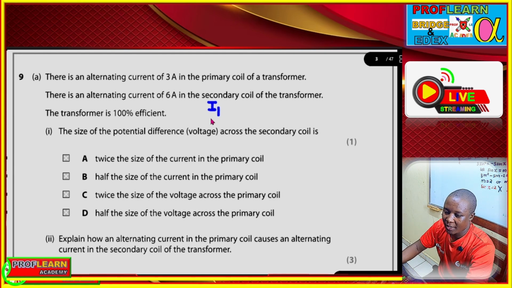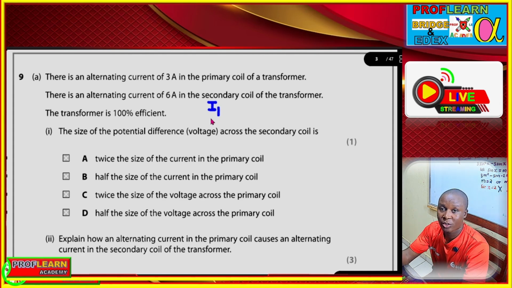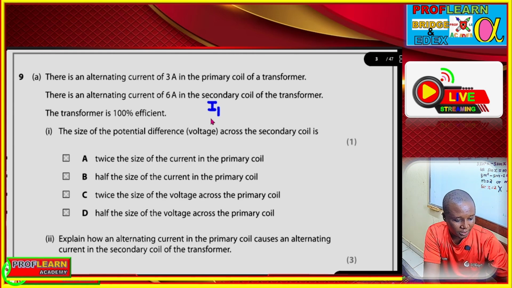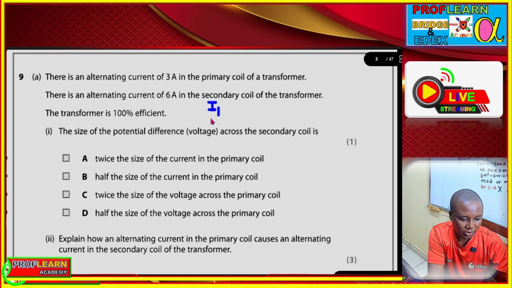There is an alternating current of 3 amperes in the primary coil of a transformer, and there is an alternating current of 6 amperes in the secondary coil of a transformer. The transformer is 100% efficient. When you say a transformer is 100% efficient, what we mean is the power into the transformer is equal to the power out of the transformer.